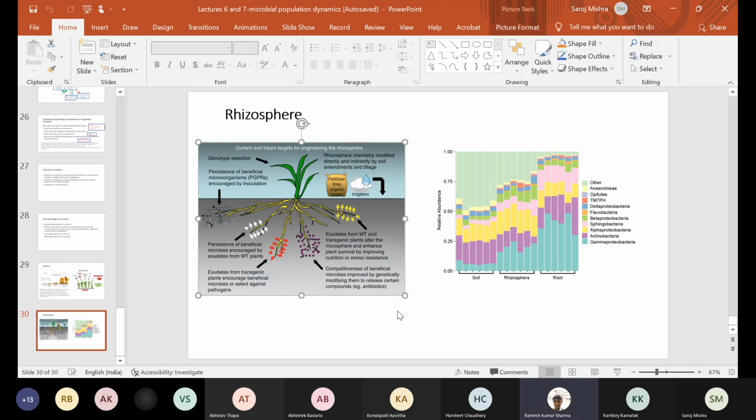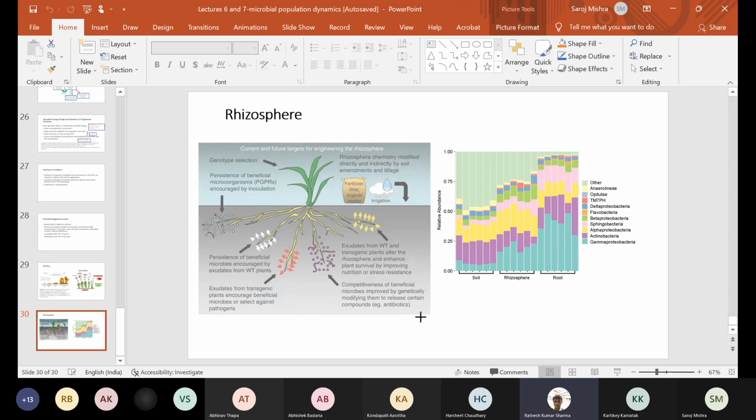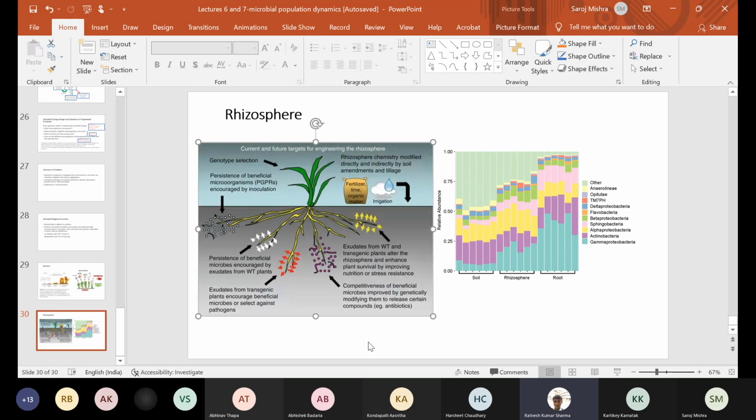Ma'am, my question was, why do we want to engineer rhizospheres, what's the purpose of that, and how can we engineer? See, number one is to reduce your dependence on artificial fertilizers. For example, nitrogen is always supplied in the form of urea.